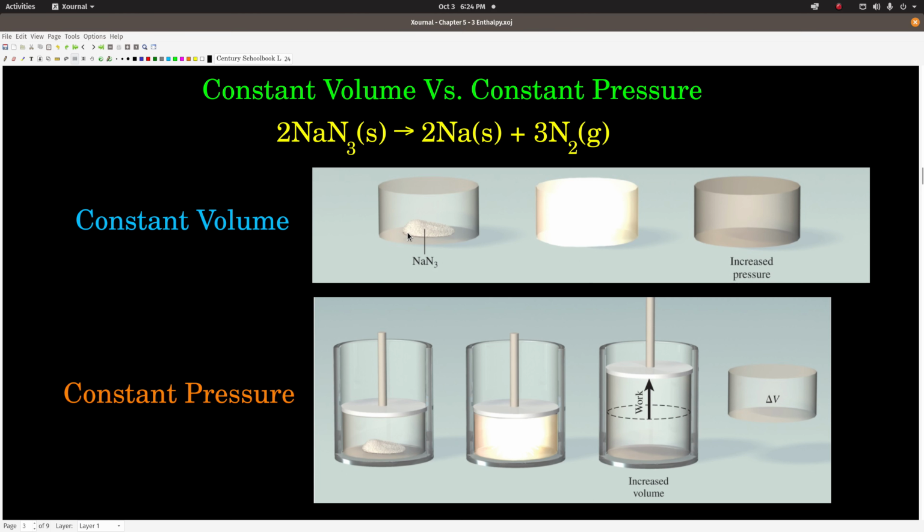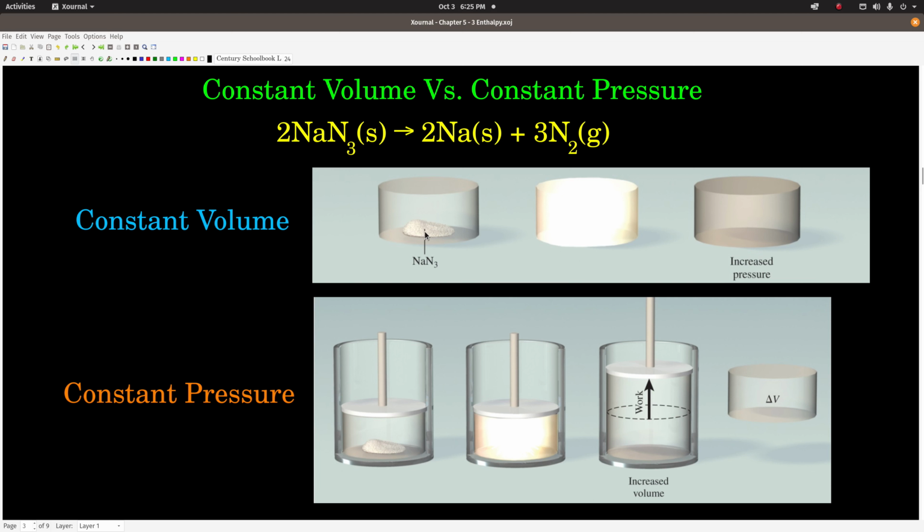So remember, in the back of my mind all the time I'm thinking delta U equals Q plus W. The change in internal energy is equal to the amount of thermal energy transferred into or out of the system plus the amount of work done on or by the system. So that means that the energy can go or come from only 2 places, thermal energy and work.